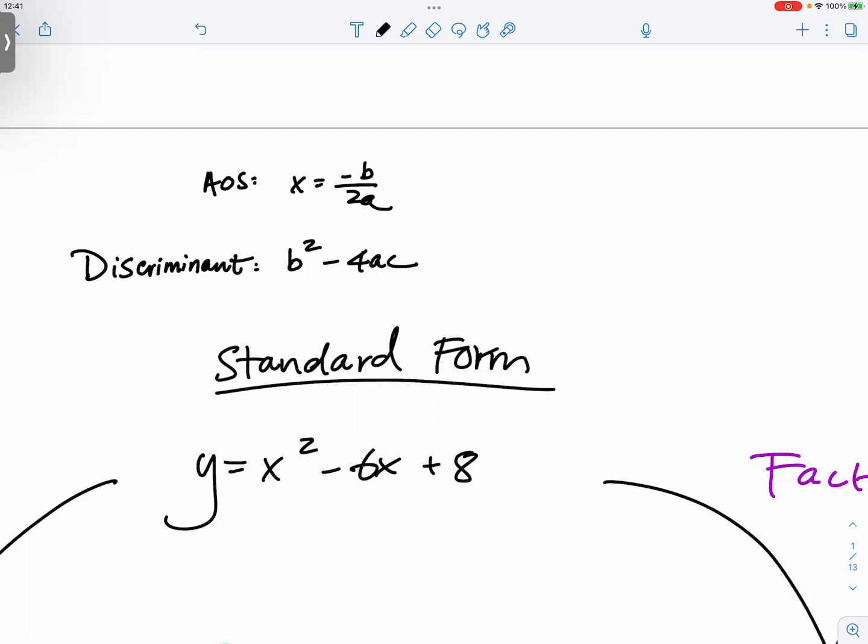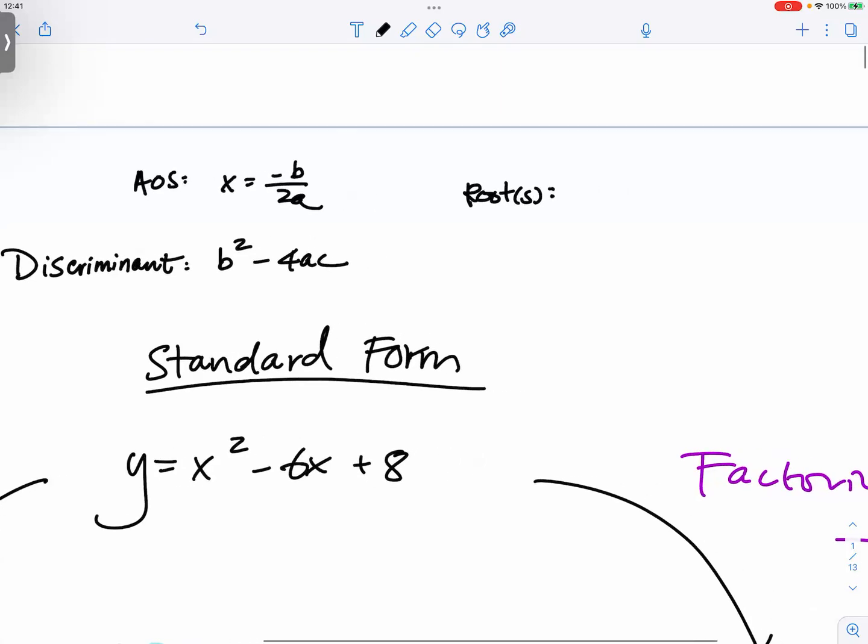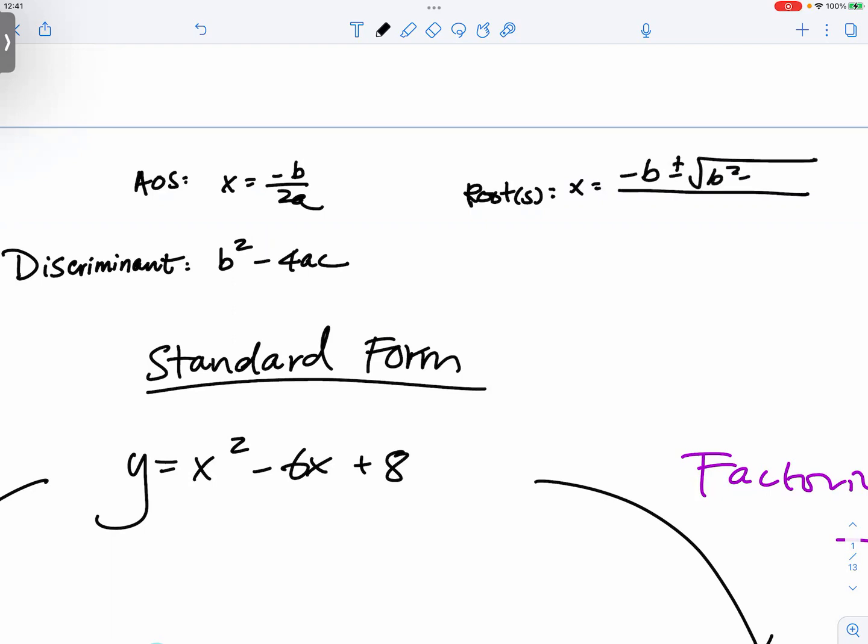If you combine these 2 together, what do you get? You can find the roots by using the quadratic formula, which you should know by heart. Okay, you should really know it by heart. You should not miss it. Every single high school student, I believe, should know it.